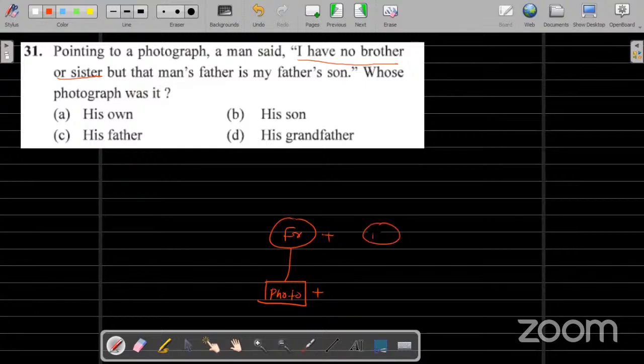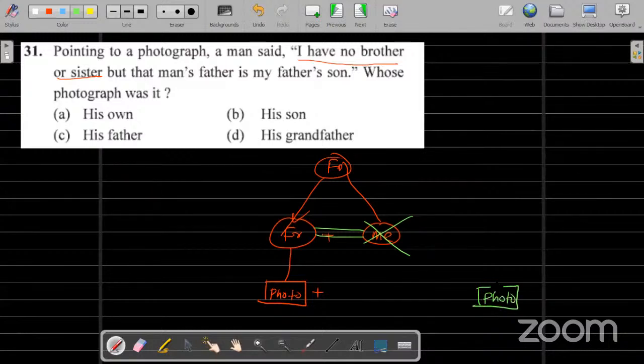If I am a different person, me, my father, my father's son, then these two people should be siblings to each other. It is given in the question that I have no siblings. I have no brother or sister. That means me cannot be a different person. That man's father, that photo is there.